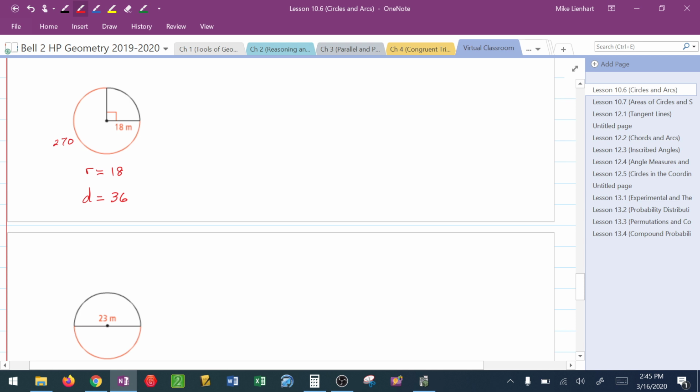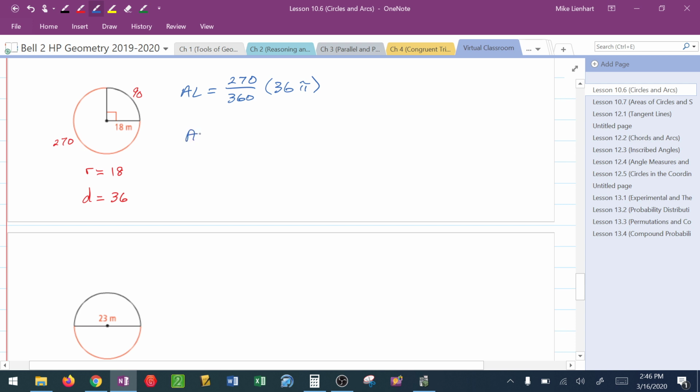I know that because this central angle is 90, which means this arc is 90, and the red arc is everything but that arc. So I took 360 minus 90 to get 270. To find the arc length, I'm going to take 270 out of 360 times 36 pi.